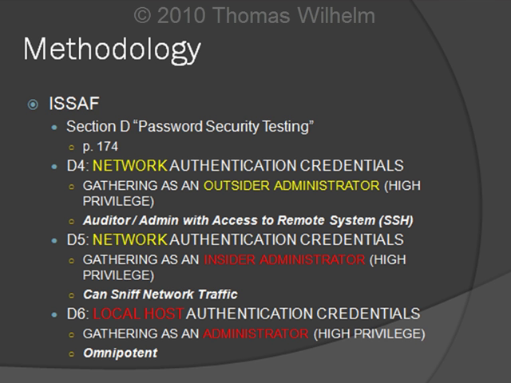In other words, you're looking for systems on the network, but this time you approach it from an administrative point as opposed to simply a user. Then they move you a little bit higher into the network with the idea that you could sniff the network traffic. That would be the D5 section, and then the D6 section would be local host and as administrator. So you are administrator or root.